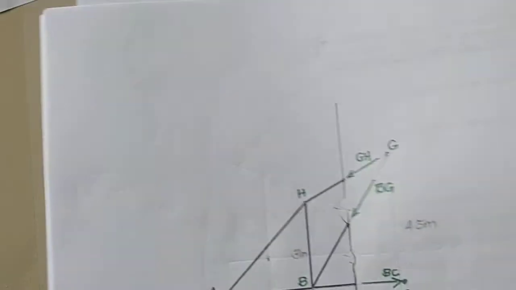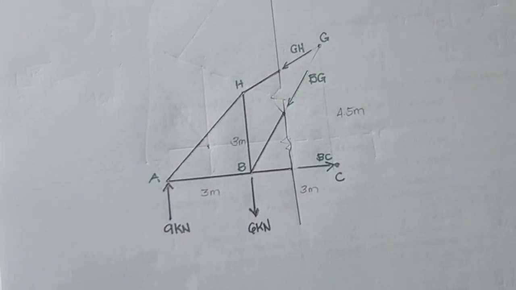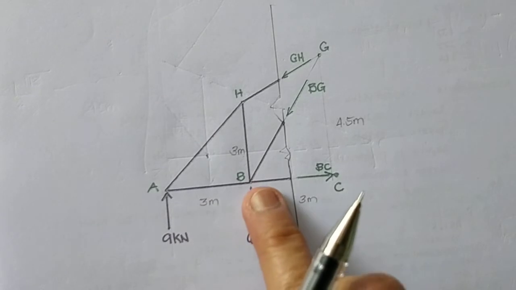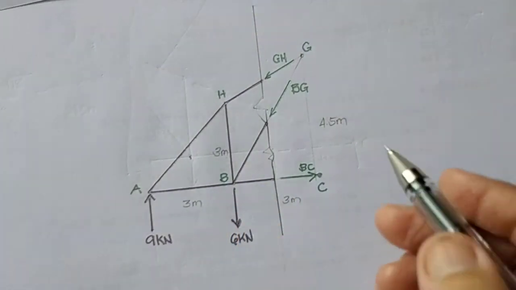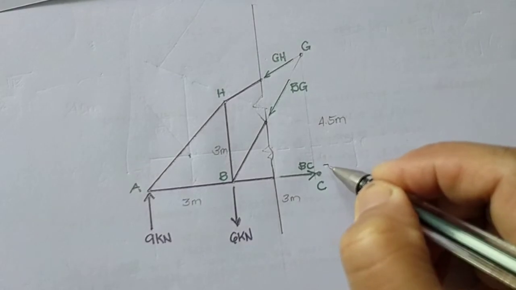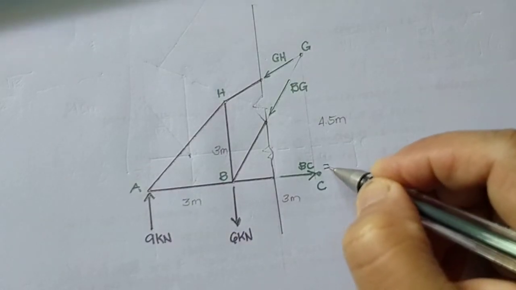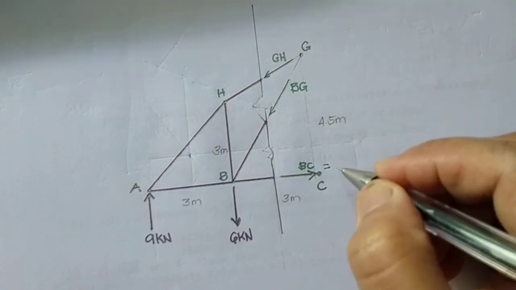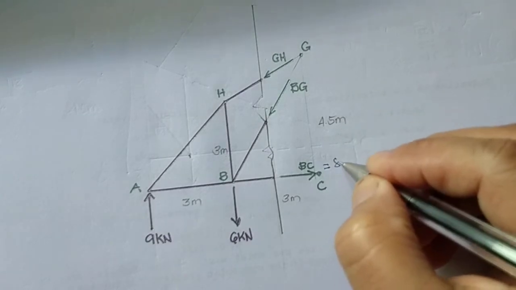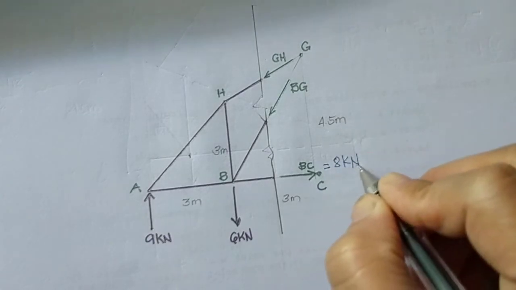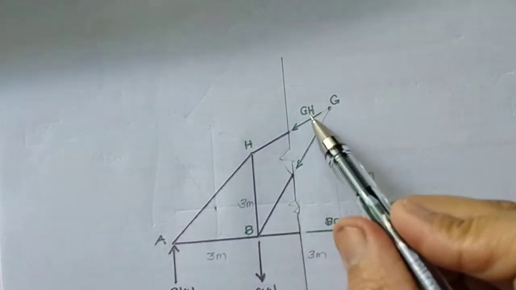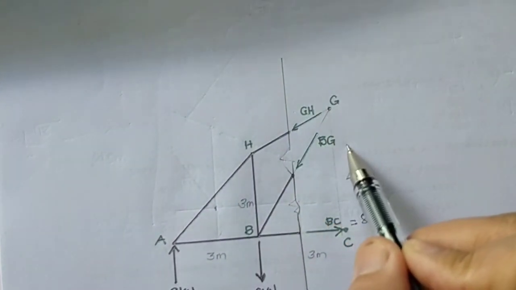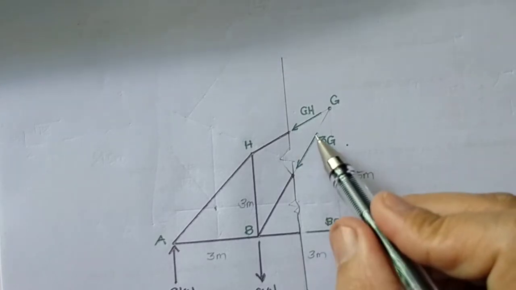I already drew the free body diagram of the left structure. Knowing that BC is tension and has the value of 8 kilonewton, I will try to get the value of GH and BG.